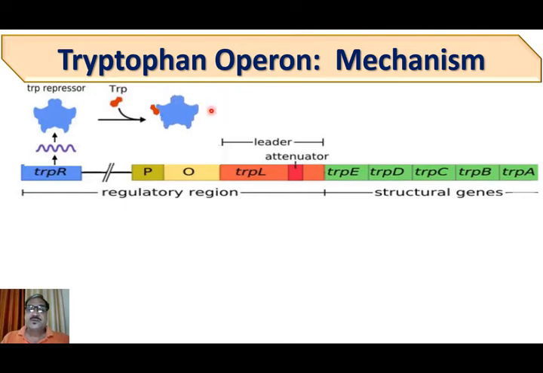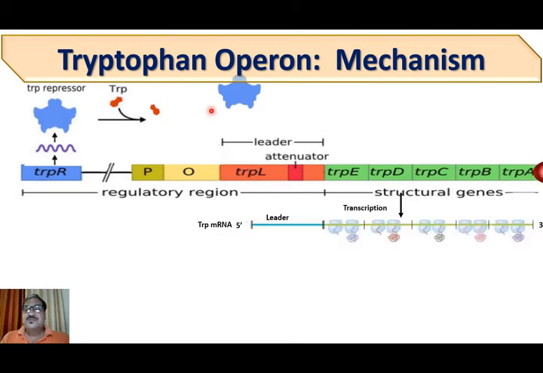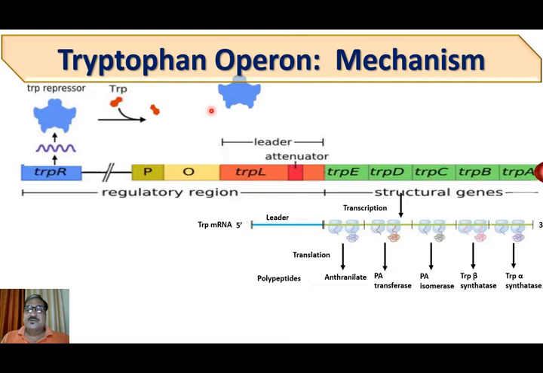So this repressor cannot bind with the operator, and when that repressor cannot bind with the operator, the RNA polymerase binds with the operator region and transcribes all the structural genes, and these structural genes that are transcribed undergo translation and produce all the 5 enzymes which are needed for the synthesis of the amino acid tryptophan.